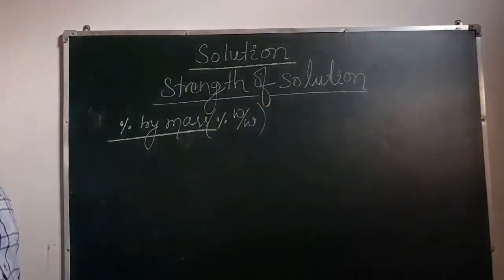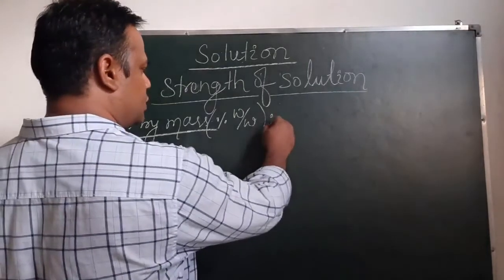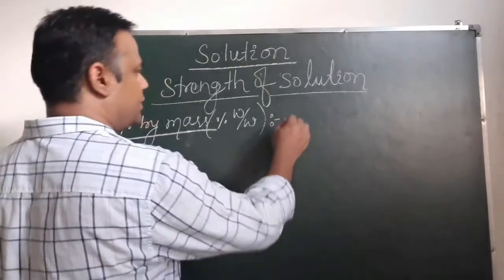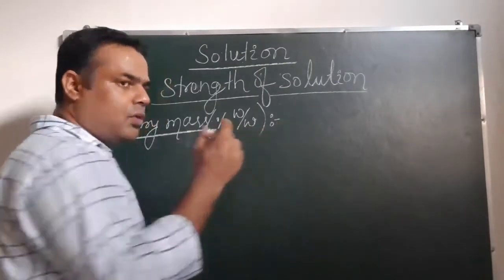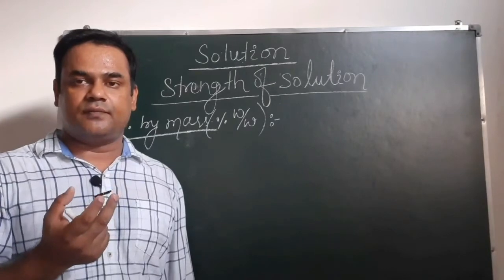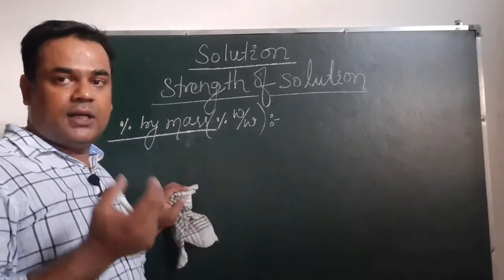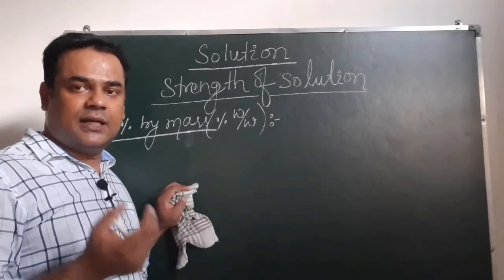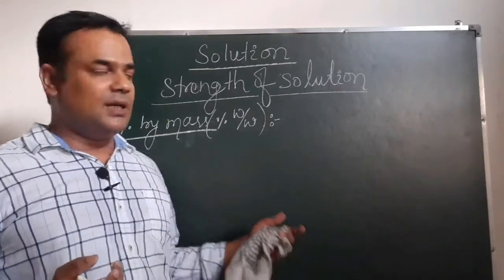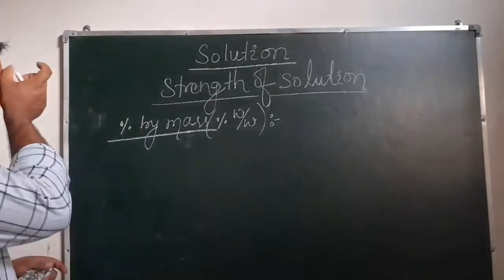So percent by mass means amount of solute in gram. If we take 100 gram solution, then in that 100 gram solution, how many gram solute is present? That is called percentage by mass.